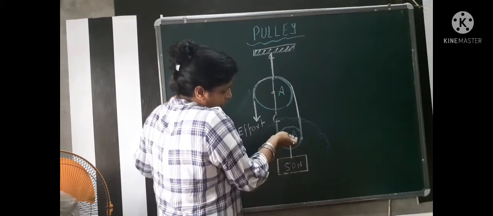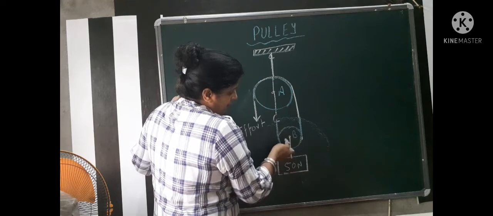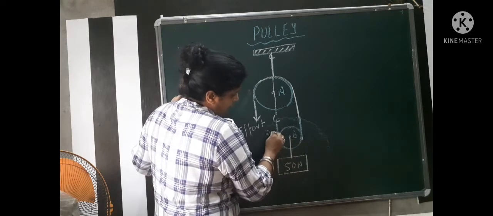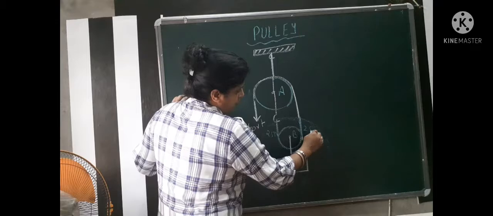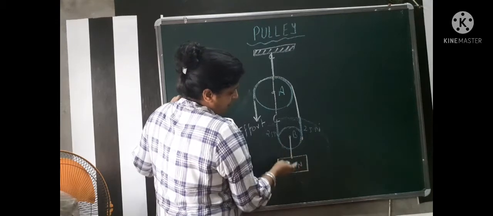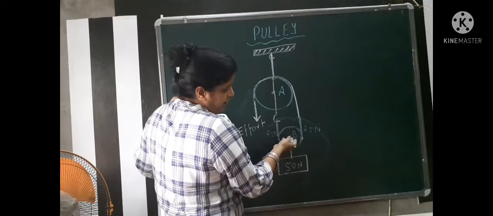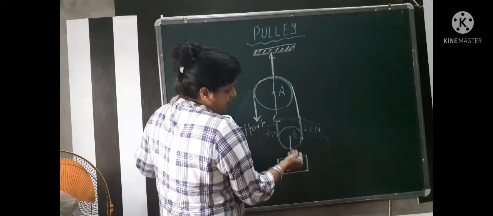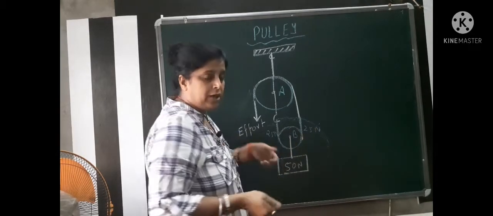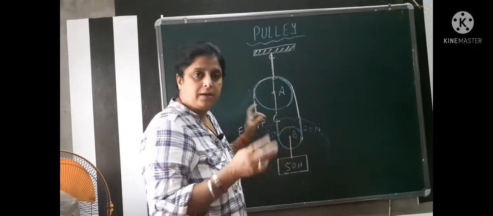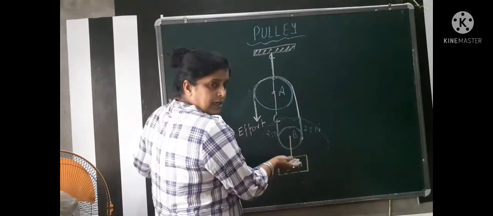So to lift 50 Newton weight, it is divided into two equal parts because it is at the center. So 25 Newton and 25 Newton is applied, because you can see the weight is at the center of the pulley. So this is divided into two equal parts. It means to lift 50 Newton, 25 Newton is divided, then it can be easily lifted.